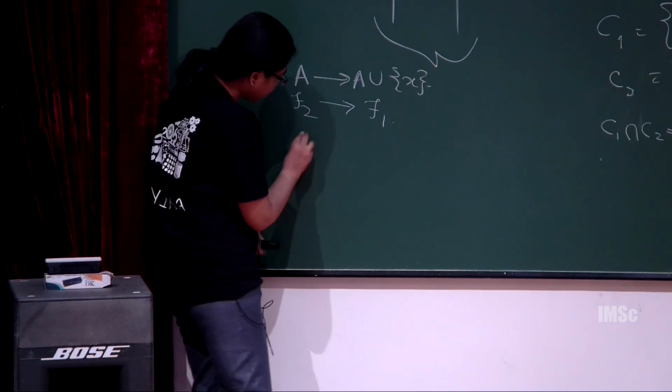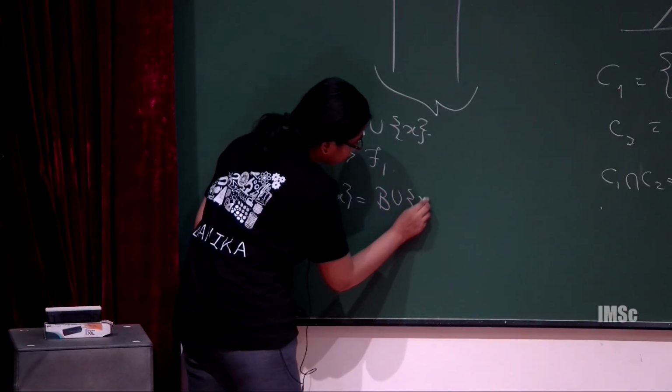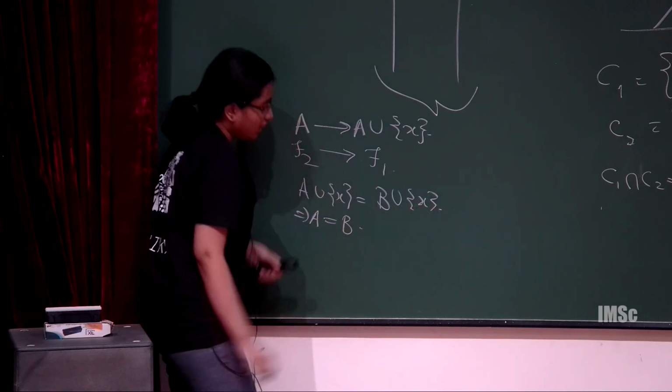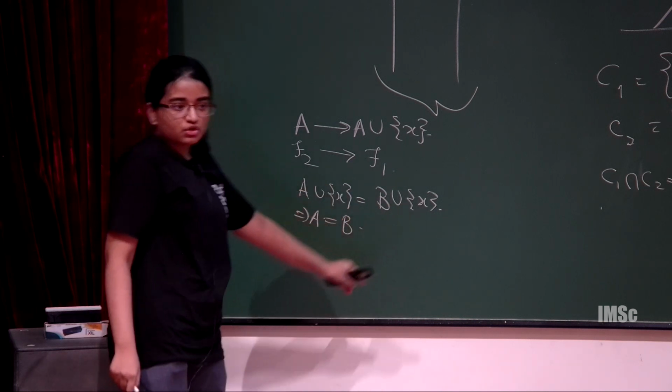And notice that if I have A union X equal to B union X, then A has to be necessarily equal to B. Why? Because X does not belong to A, X does not belong to B, so it's just the remaining elements, right?